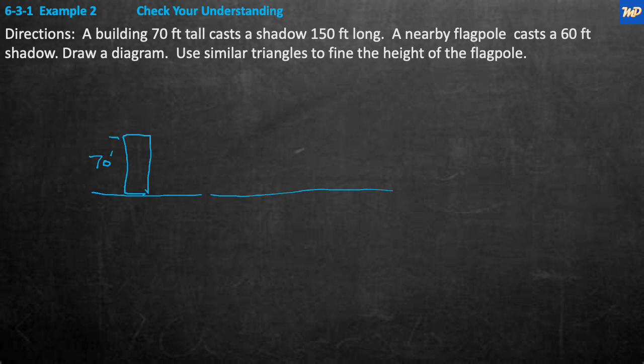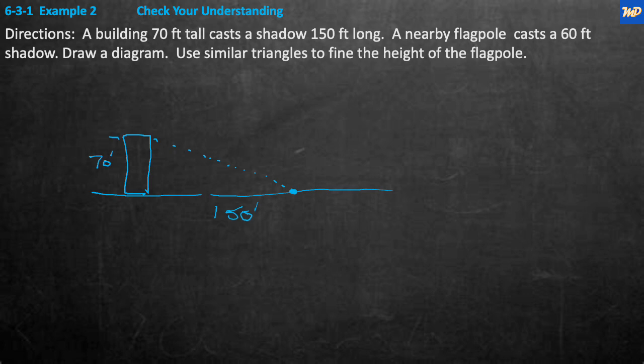And it casts a shadow. We're going to say the shadow casts from right this point here, and it casts a shadow out here, somewhere out here, 150 feet. So here's a 70-foot building casting a 150-foot shadow.